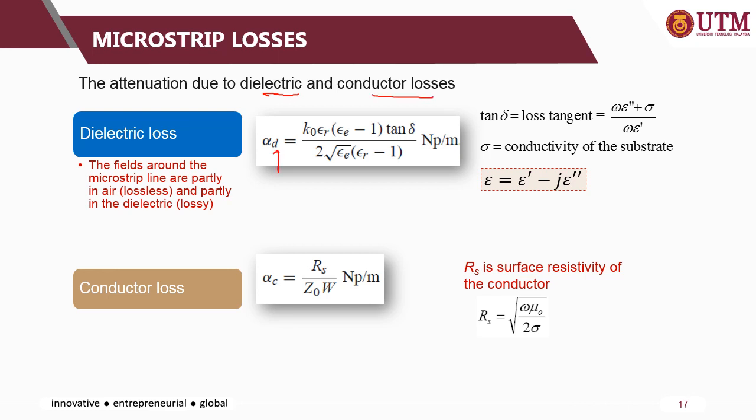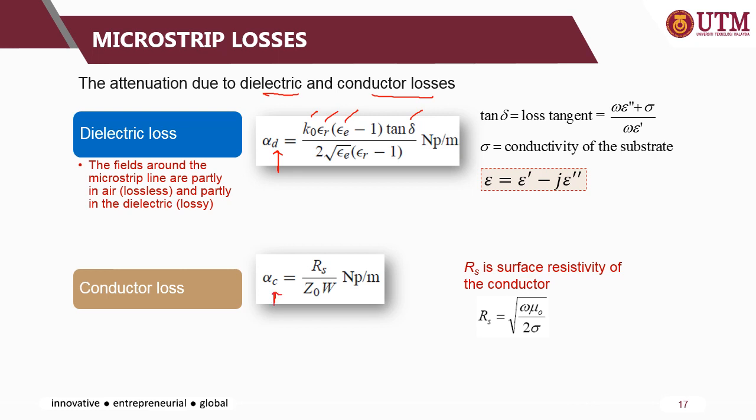For dielectric loss, you can estimate it by using this equation. You have the wave number, relative permittivity, effective permittivity or dielectric constant, and the loss tangent.